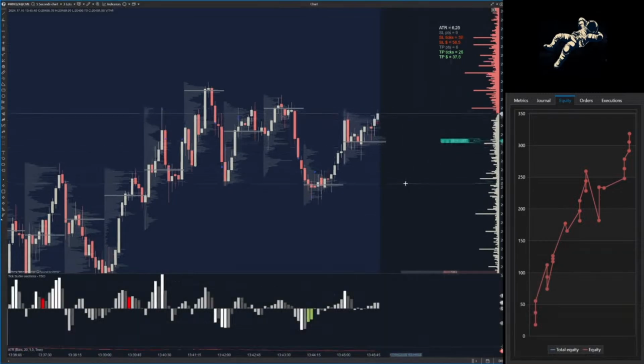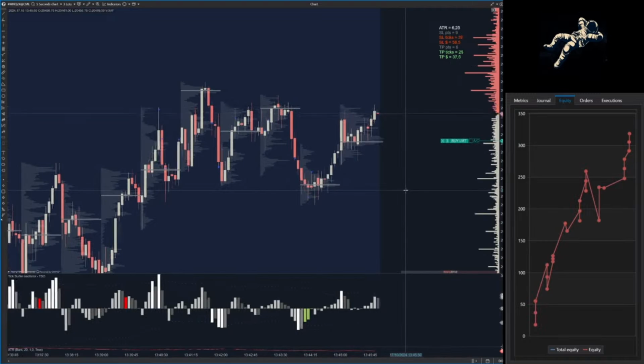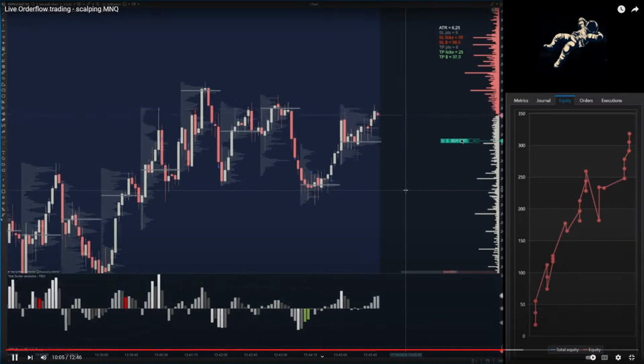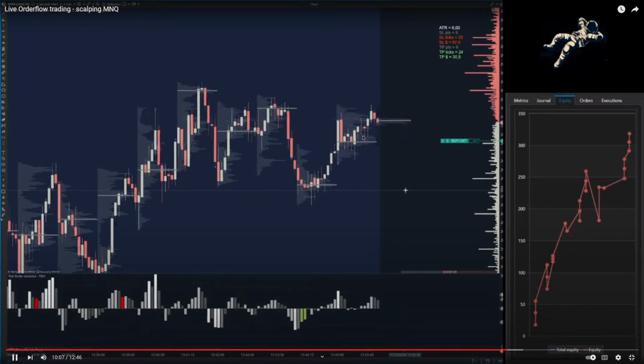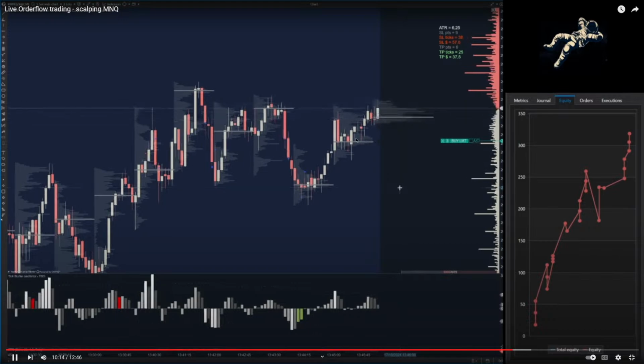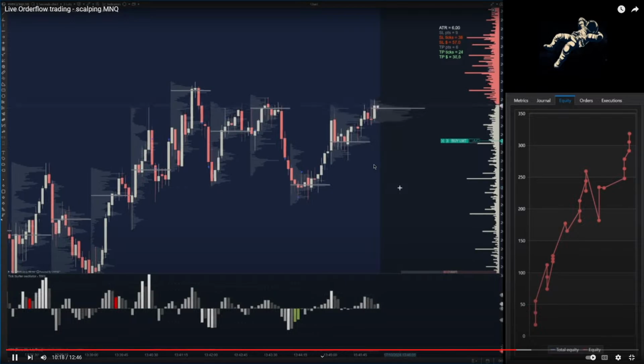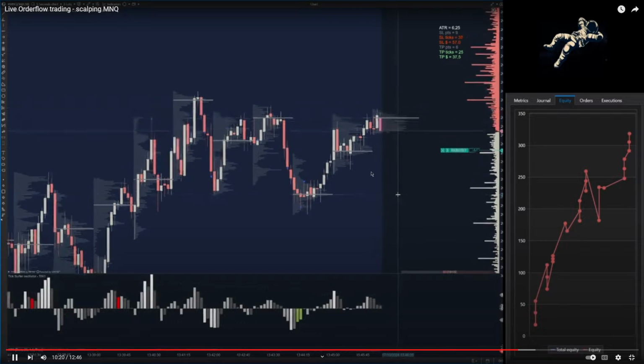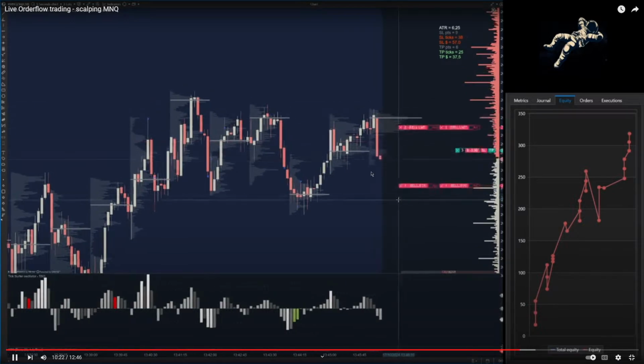Order placed. So now basically I'm just trailing up my buy limit order at the point of control area in this block where there's most volume traded in this 1 minute bar. I don't know if I'm gonna get filled on that one. Order filled. Okay, we got filled.